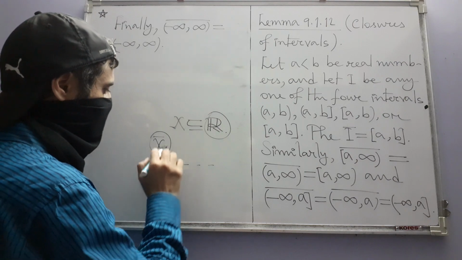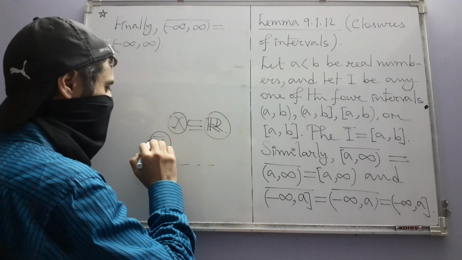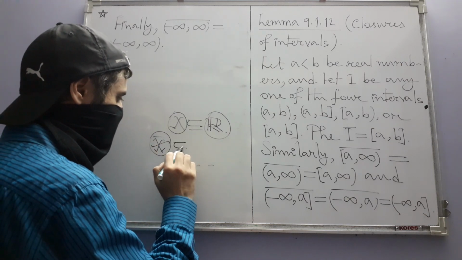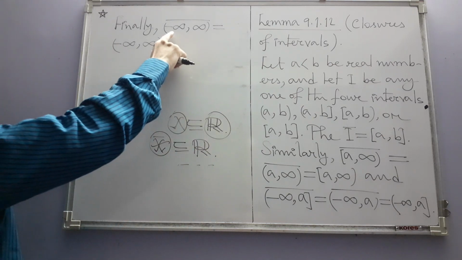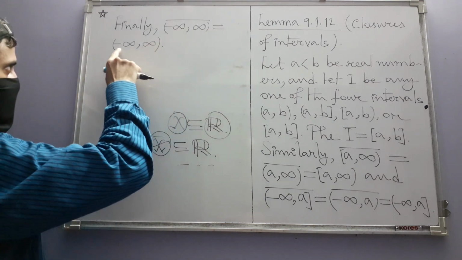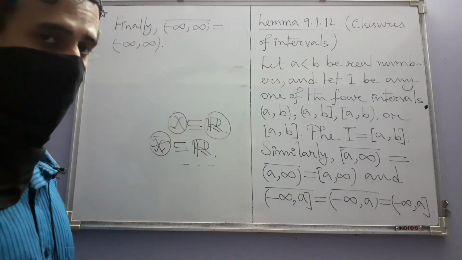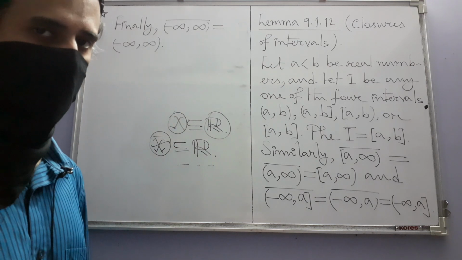What I am saying here is that for any subset X of R, the closure of X by its very definition is actually again a subset of R. So there is no question of this closure being this closed interval. No question of including minus infinity and infinity in the closure, because they are not real numbers.